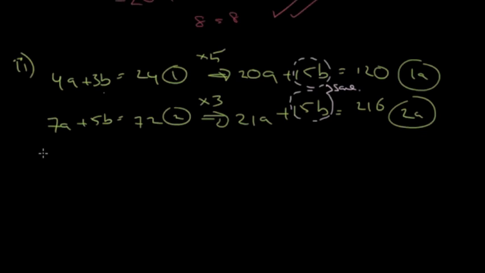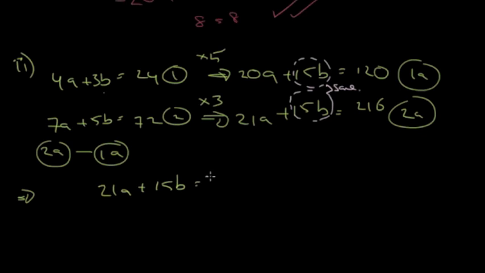And now we're going to say 2a minus 1a gives, so 21a plus 15b equals 216, and 20a plus 15b equals 120.